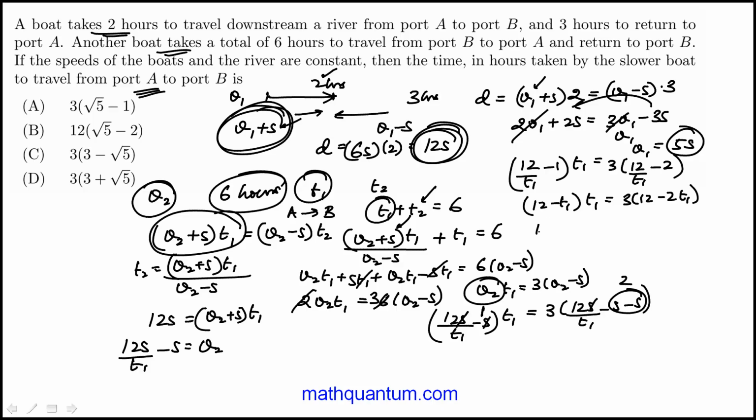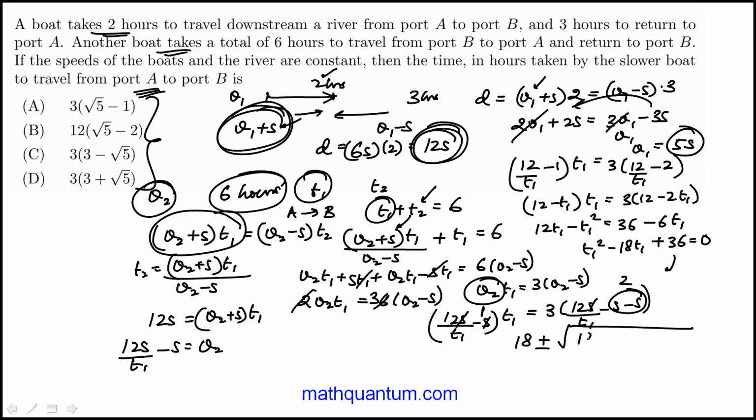So we'll have this quadratic: minus t1 squared, 36 minus 6 t sub 1 minus 18 t1 plus 36 equal to 0. So now I know the answers are in radicals, so I'm not going to attempt to factor this and just directly use the quadratic formula.